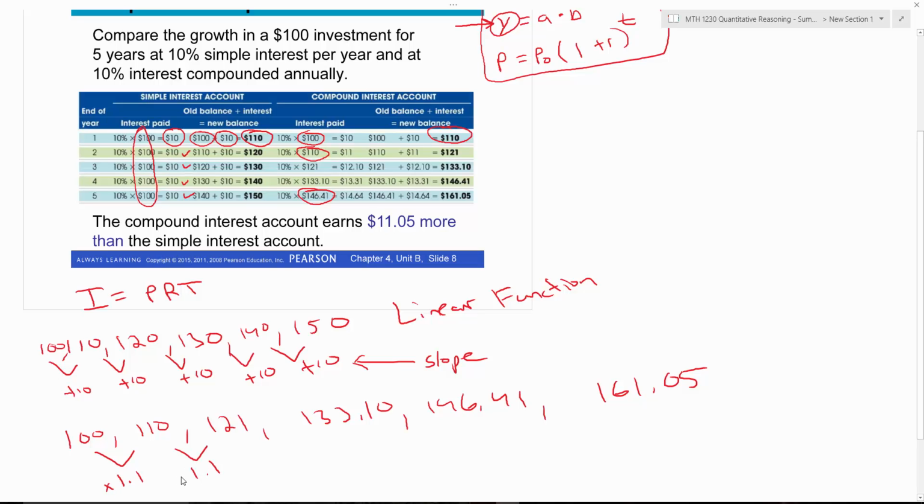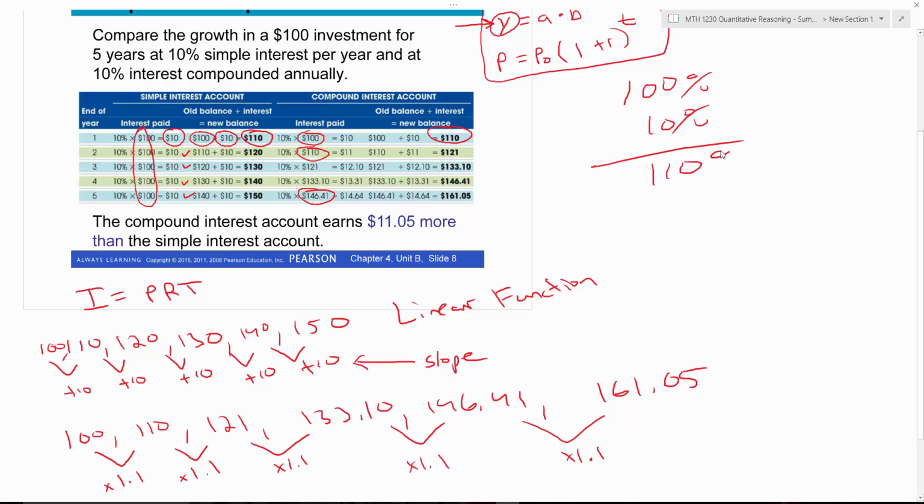So times 1.1, times 1.1, times 1.1, times 1.1. And it makes sense because if I want to have a 10% increase, I have to pay 100% and then have a 10% increase, which means I need 110%. And the multiplier for 110% is 1.1. So each time I'm adding 10% to the original amount.